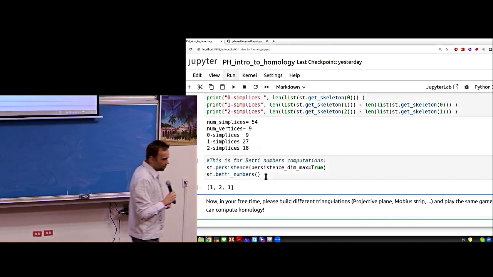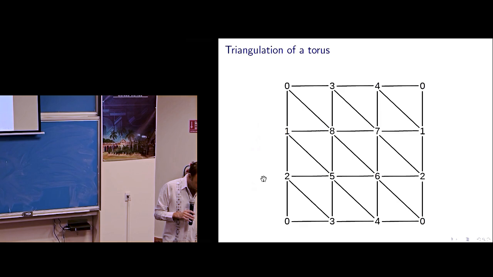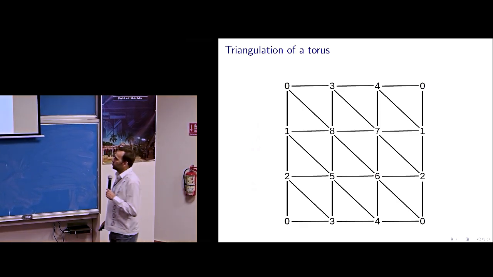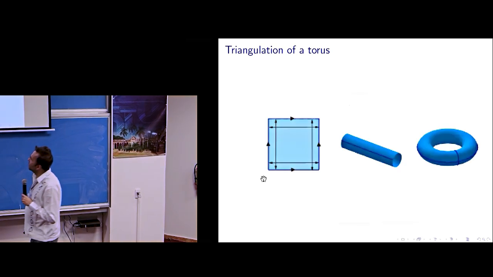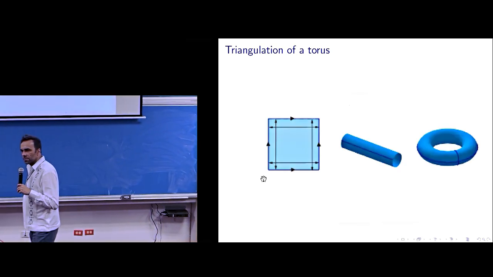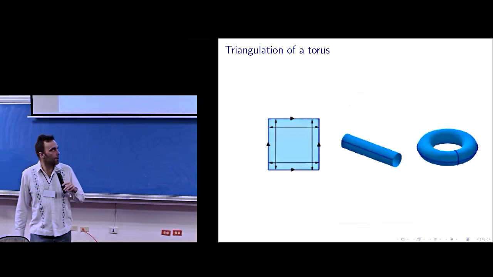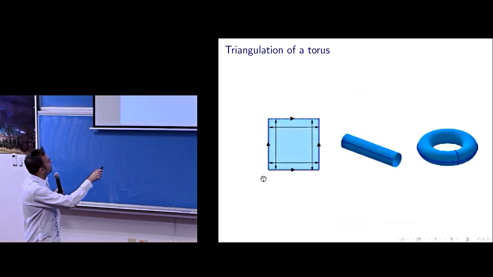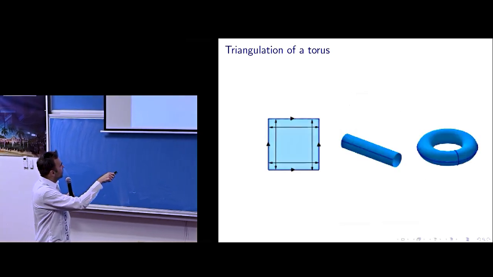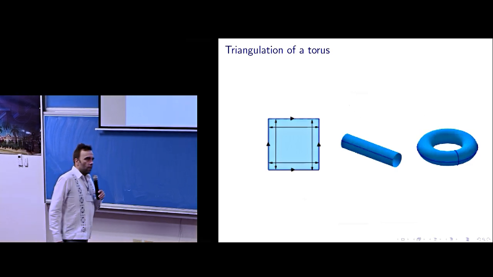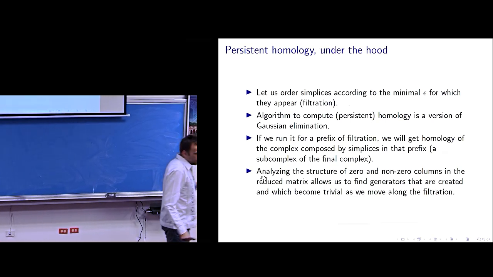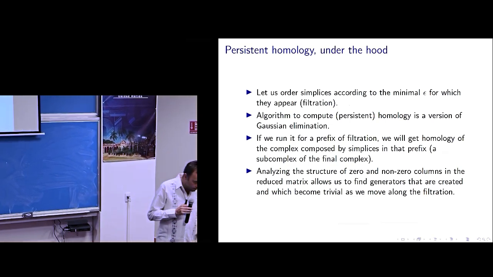And there are ways to add filtrations, etc. So that's the most basic example of just inputting a triangulation into the piece of code. And this is, of course, the illustration of how we are getting a torus from gluing the sides accordingly. So if we glue 2 sides, we get the cylinder, and then we glue one side to the other to get a torus. So that's pretty standard.